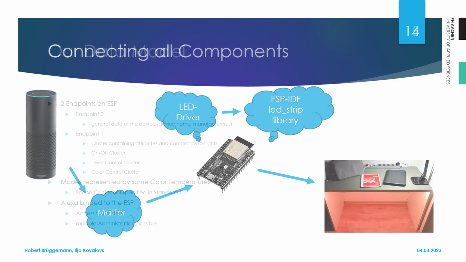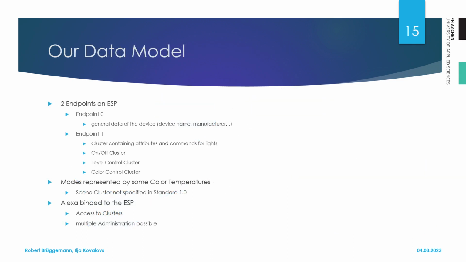Our data model consists of 2 endpoints, the endpoint 0, which contains general data of the device, like the device name and the manufacturer, and the endpoint 1, which contains the controls over the lights, like the on-off cluster, the level control cluster, and the color control cluster.